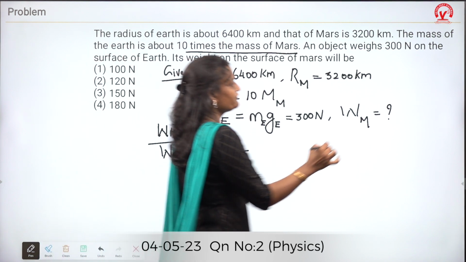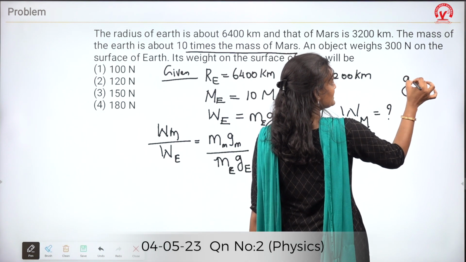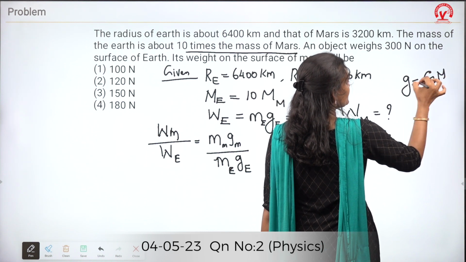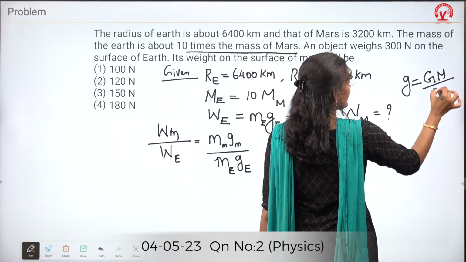We know the formula for acceleration due to gravity, you studied this formula in the gravitation unit, g is equal to capital GM divided by r square.